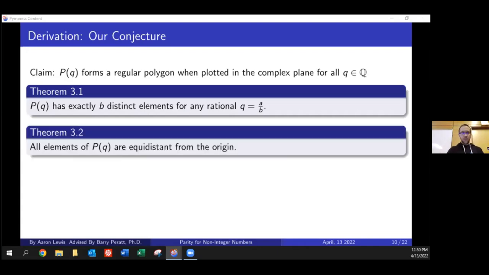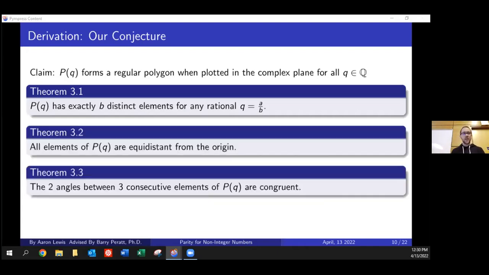And this is proven by these theorems, because P of Q is going to have exactly B elements in the set when Q is equal to A over B, and all of the elements are equidistant from the origin, and the two adjacent angles are going to be congruent. So we can see that it does make a regular polygon with the aforementioned exceptions.